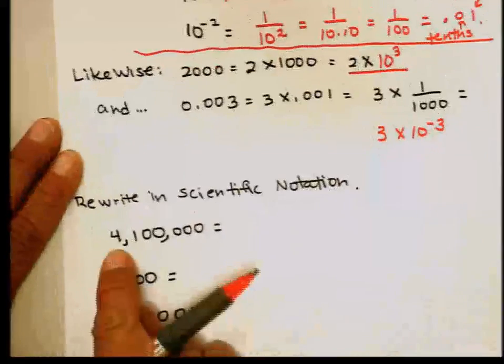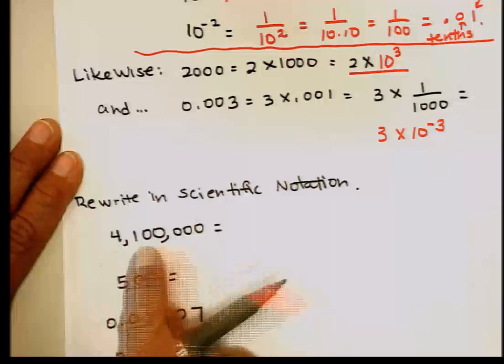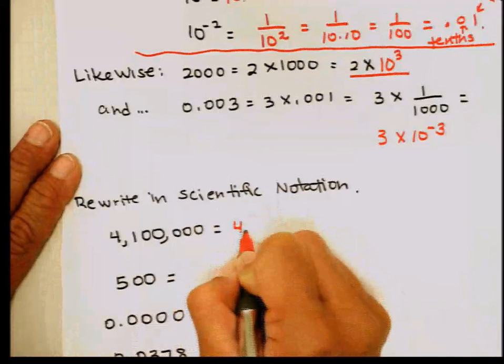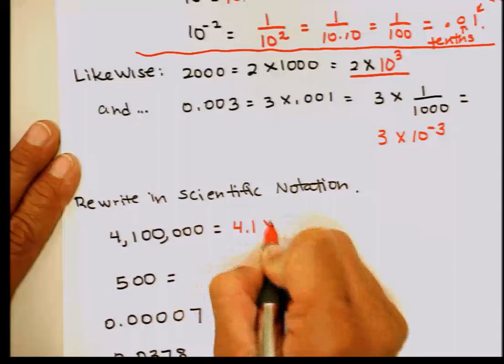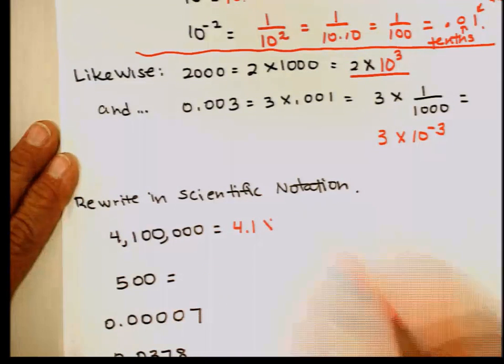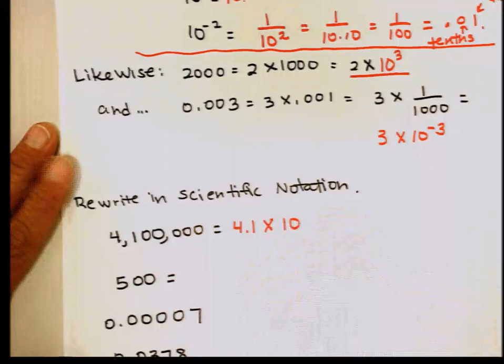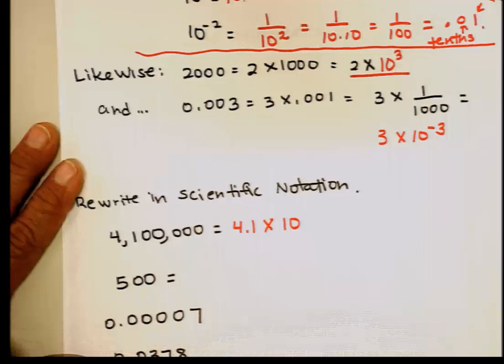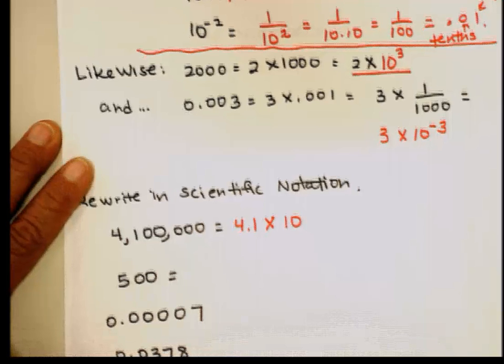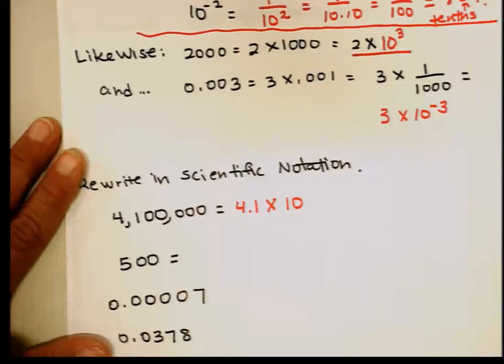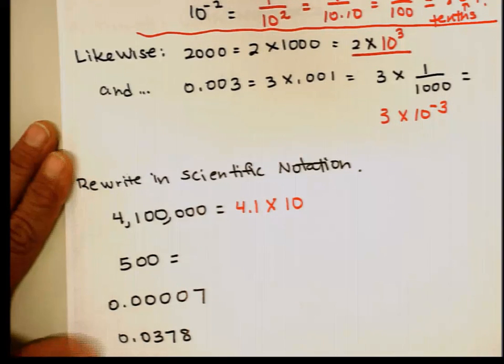Okay, so 4,100,000. 4.1 times 10 to the, well, gosh, maybe I have to do my scoop method right away. So it would be 4.1 times a million, right? So maybe you just know the scientific notation way to write a million.